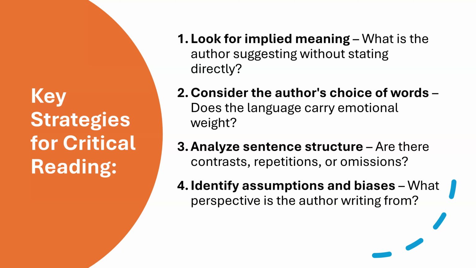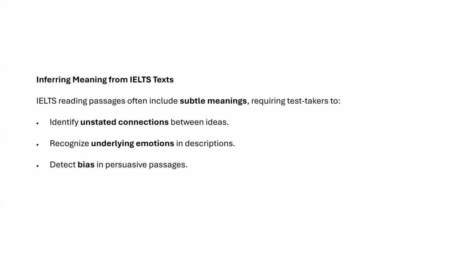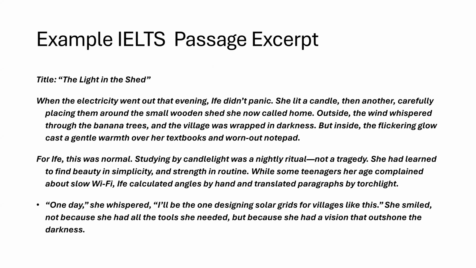Does the language carry some kind of emotional weight? And you want to analyze the sentence structure: are there contrasts, are there repetitions, are there omissions? And then you also want to identify the assumptions and the biases. What perspective is the author writing from? We spoke about all of that prior to now.